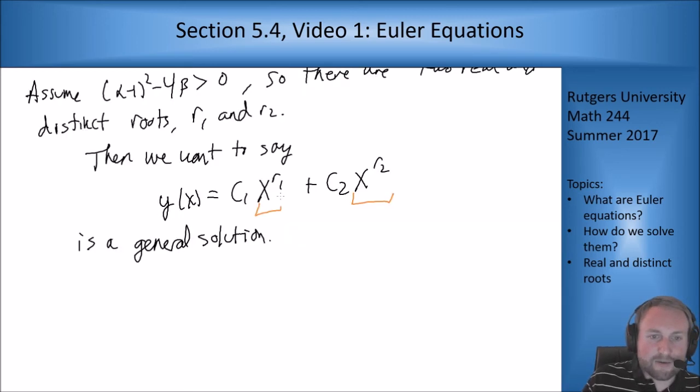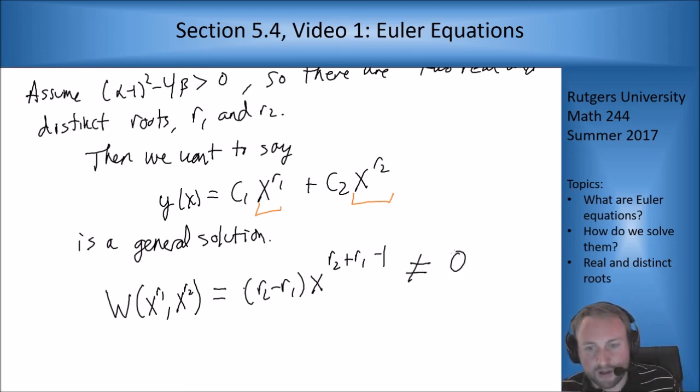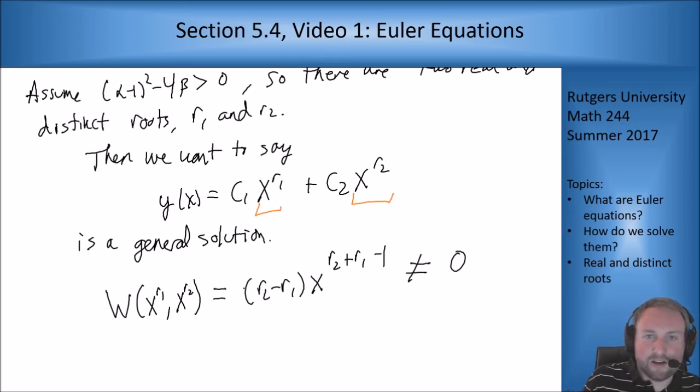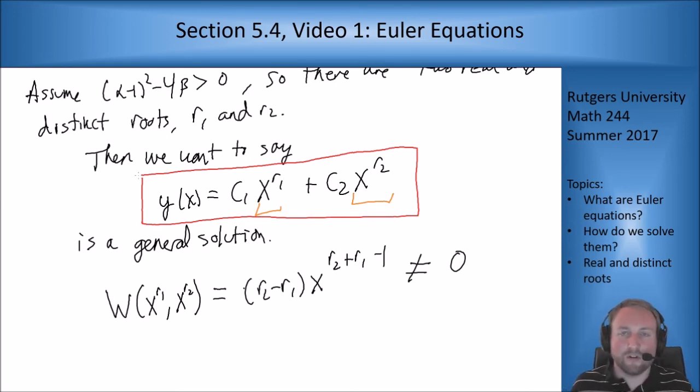And what you can check, I'm not going to do all the calculations out here, is that the Wronskian of x to the r1 and x to the r2 is r2 minus r1 times x to the r1 plus r2 minus 1, which, since x again is positive and r1 is not r2, is not 0. Which means we're in good shape. Our Wronskian is not 0, which means our general solution is of this form right here. So if you have two real and distinct roots, this gives you the general solution to your Euler equation.